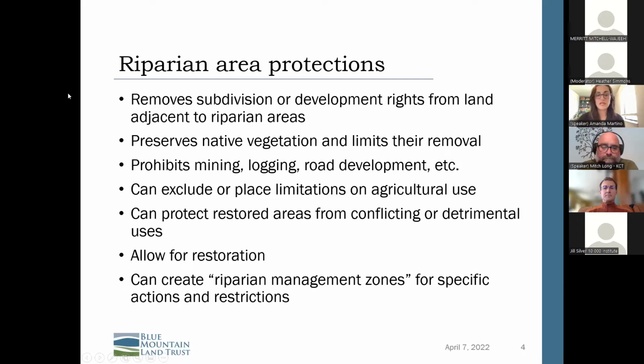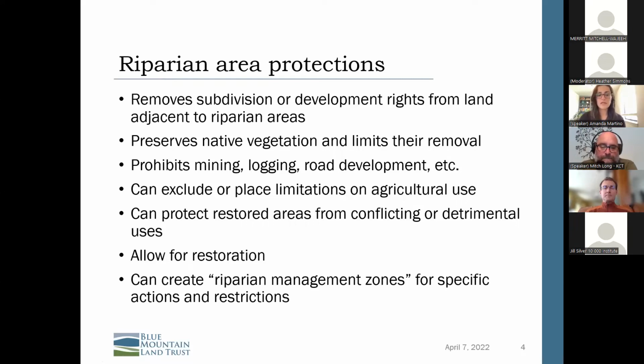And easements can protect these restored areas from conflicting or detrimental uses. So that might mean prohibiting the removal of large wood structures that have been installed, other specific restrictions that are related to the particular restoration work or habitat that's being preserved in that riparian area. Easements can also allow partners to undertake restoration and the landowner to undertake restoration on the property.